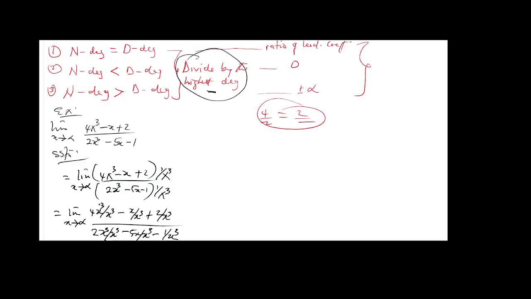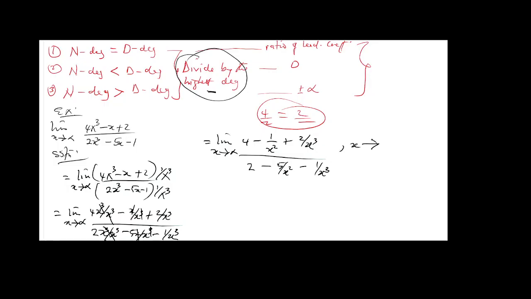We can see here that this can cancel out, so that what we have left will be the limit as x approaches infinity of 4 minus, this cancels this out, so we have 1 all over x squared, plus this, okay, it doesn't cancel out, we have 2 all over x cubed, everything all over 2 minus, this cancels out, we have x squared left, so we have 5 all over x squared minus 1 all over x cubed.